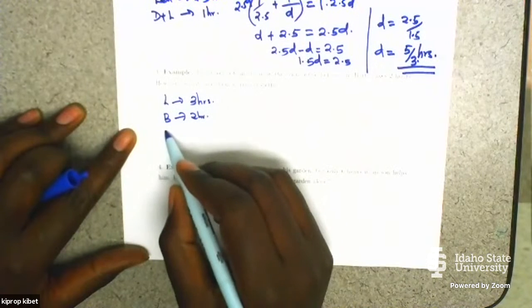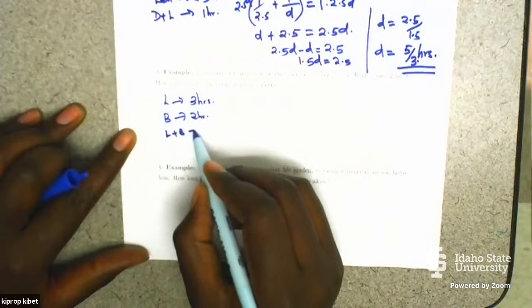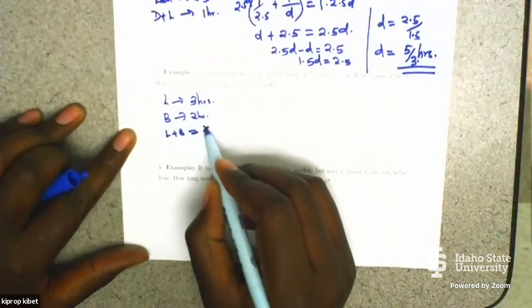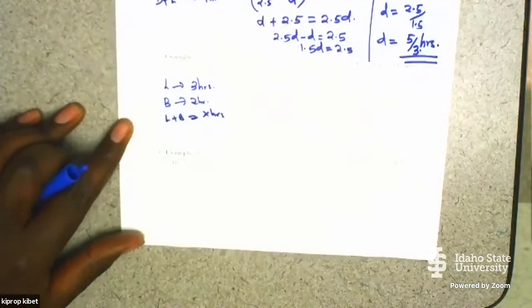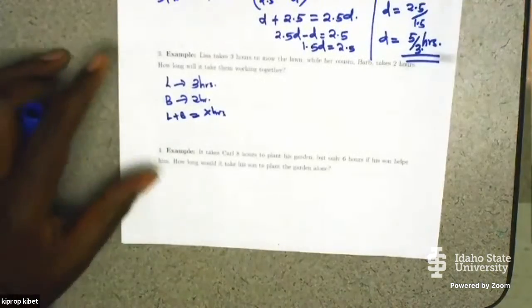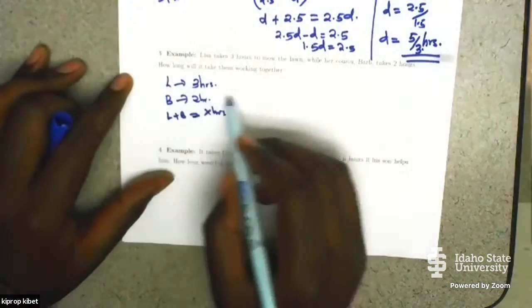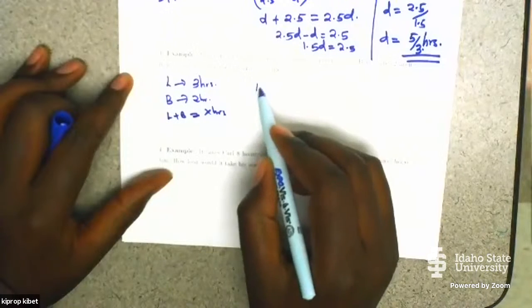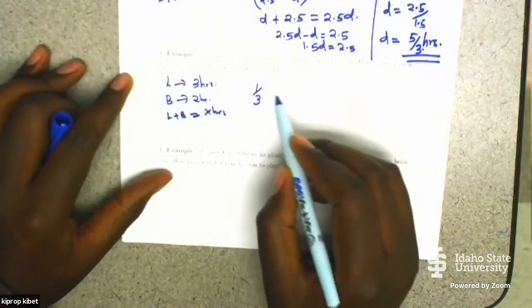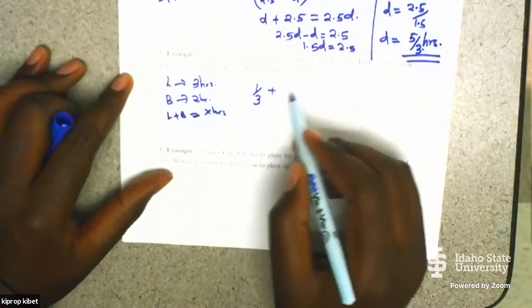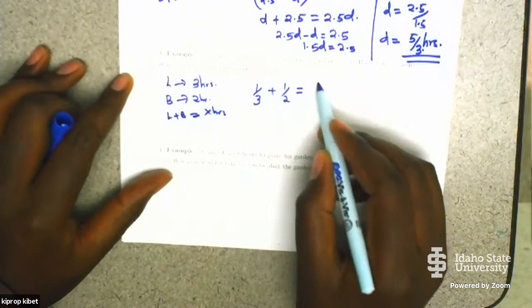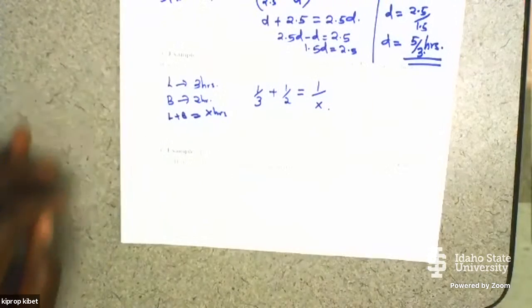So you can say Lisa plus Bob equals X hours, okay? So now in 1 hour, Lisa will have done 1 over 3 of the job, plus Bob will have done 1 over 2 of the job, and both of them will do 1 over X.